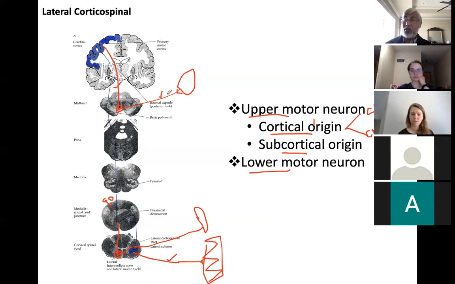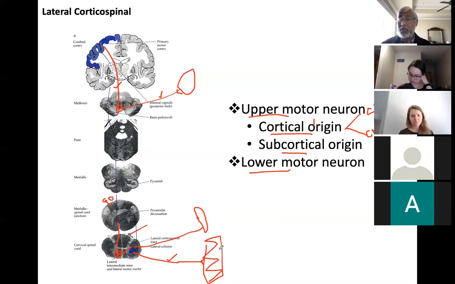Now, why do we make a big deal of upper motor neuron and lower motor neuron? Upper motor neuron will always have an inhibitory influence on the lower motor neuron. For example, if this is the lower motor neuron, and I cut this upper motor neuron here, you will see the effect of this nerve on this muscle will be exaggerated.